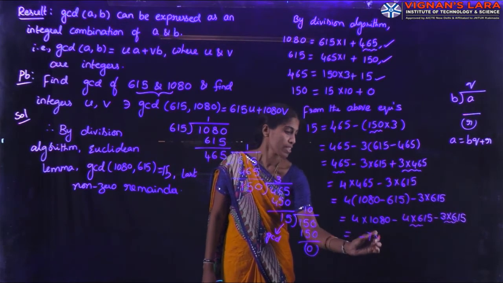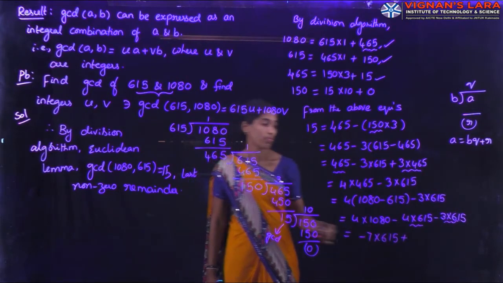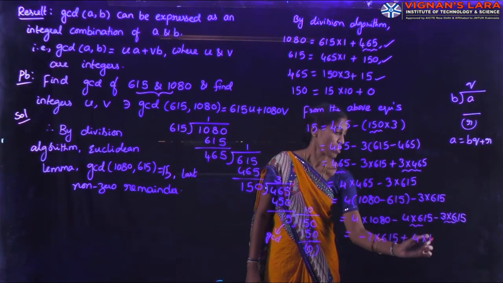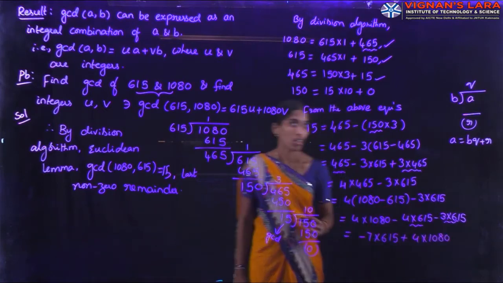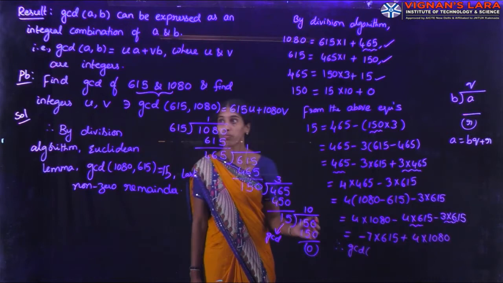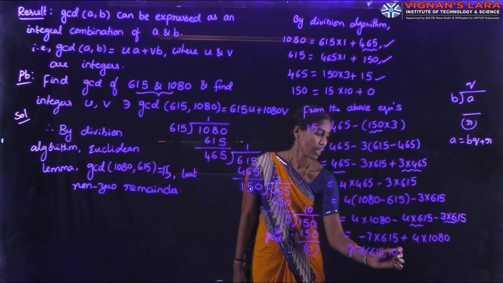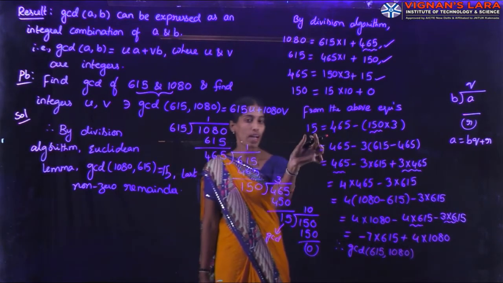So minus 7 into 615 plus 4 into 1080. Therefore, GCD of 615 comma 1080, that GCD value is 15.